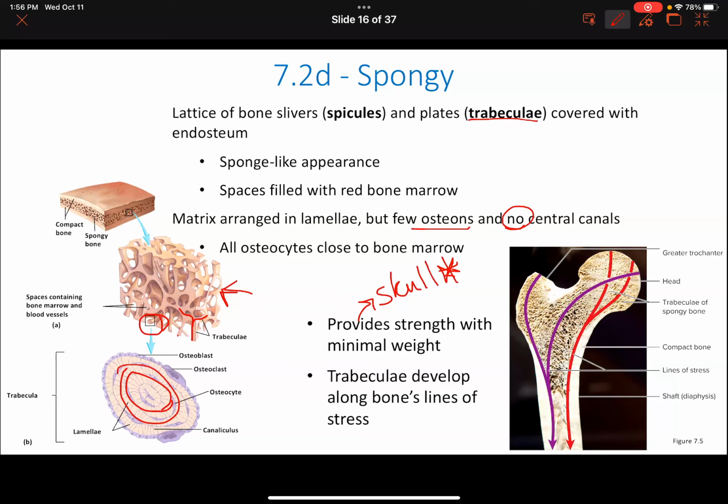So these trabeculae develop along a bone's lines of stress, and that's what these purple and red lines are indicating here in this image. This is where the majority of the stress is coming down on the bone, and so that is where the greatest amount of spongy bone has formed.